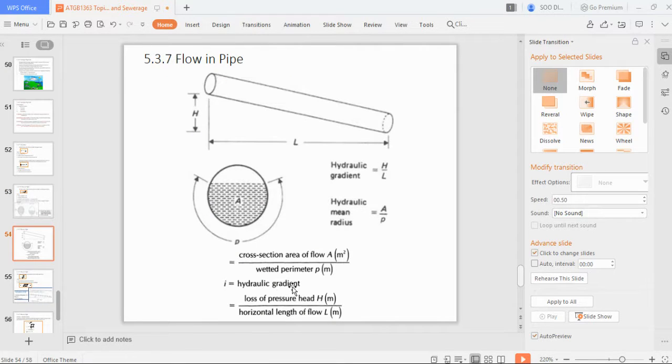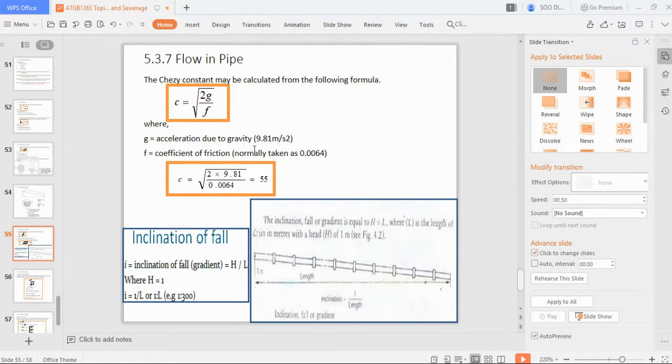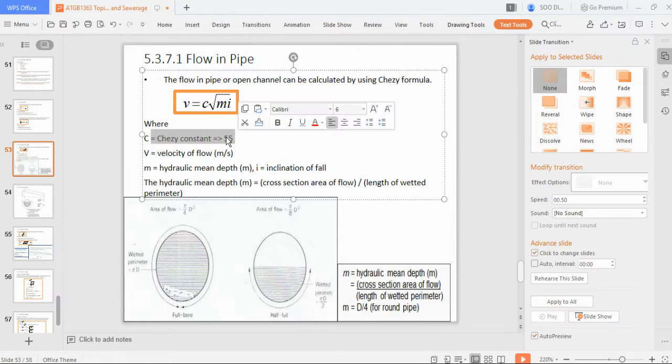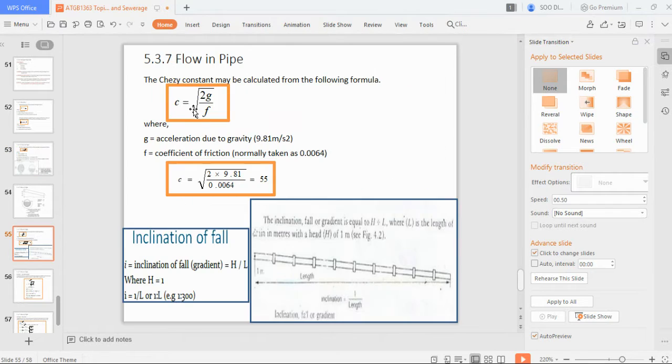So hydraulic gradient. Your pipe will always move from high to low via gravity. And then for your Chezy constant, if you are not given a value, which is in this case 55, you can actually find out what the Chezy constant is through this formula, which will also be available in your appendix.